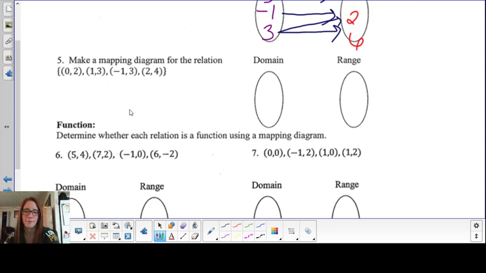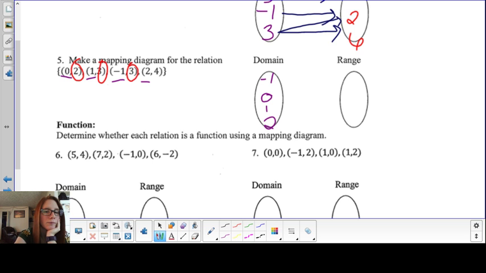Okay, so let's try it again. Let's find all of our x values. Which one's the smallest? Good, that negative 1. Then 0. Then 1 and 2. Looking at my y's, it looks like 2, 3, and 4.